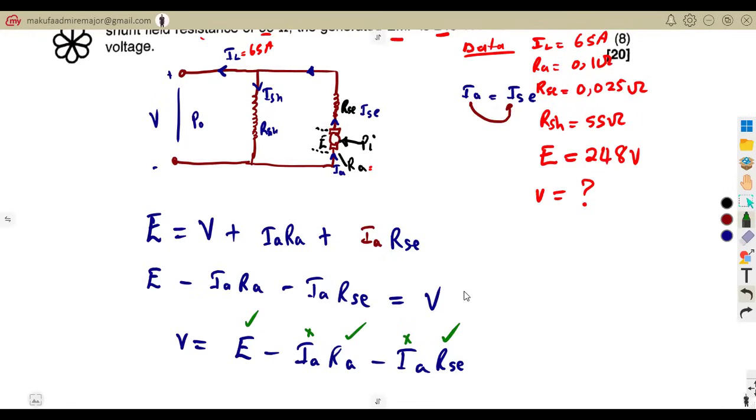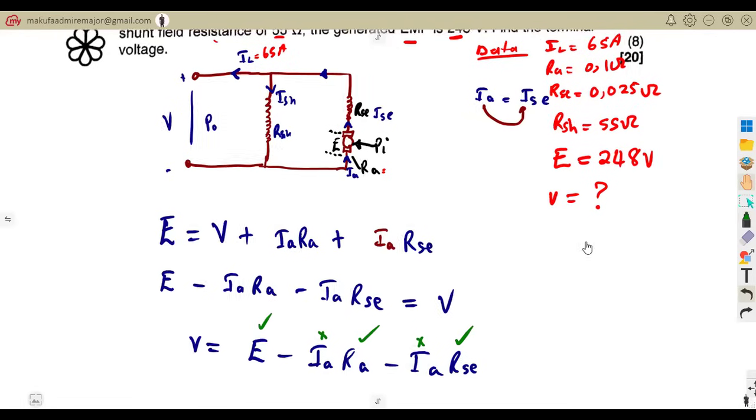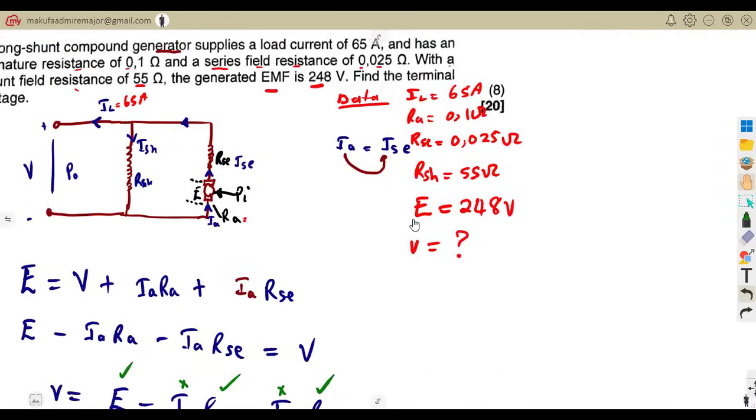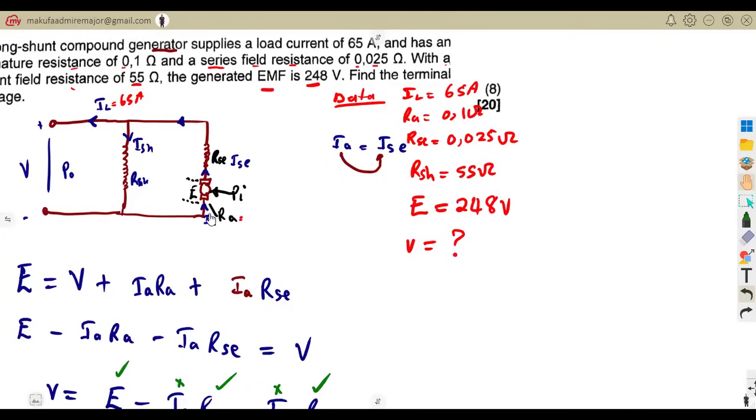And we have to find this from the combination that we have of the compound wound long shunt generator. We do understand that the armature current, which is our series field current, is the one that is supplying. So it is the sum of the shunt and the load. It is the one that is supplying, remember.